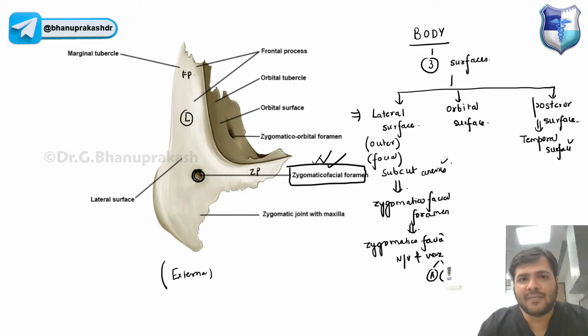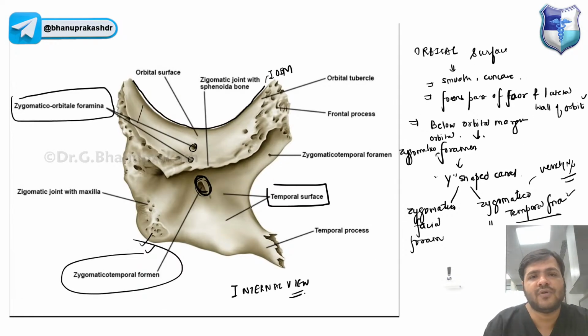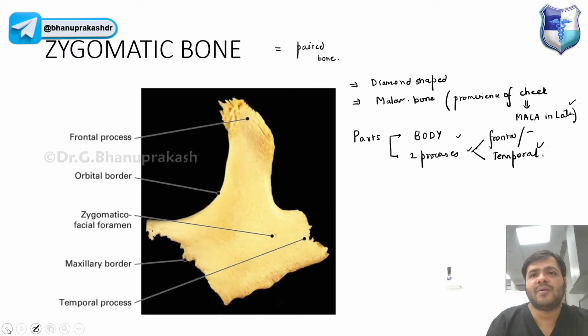The rough anterior part will be articulating with the maxilla. The posterior part will be articulating with the anterior part of the temporal bone and the infratemporal fossa. Over here, you have to remember one foramen, the zygomatico-temporal foramen, which allows passage of zygomatico-temporal vessels and nerves, right? So again, guys, these are the three surfaces that you have to remember.